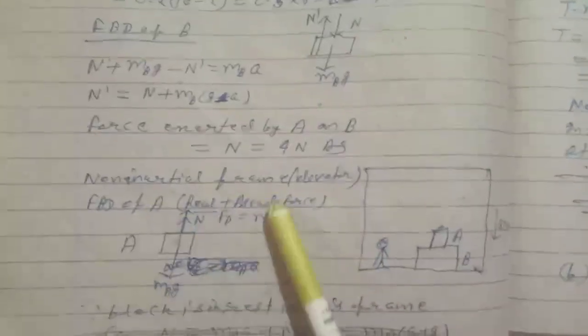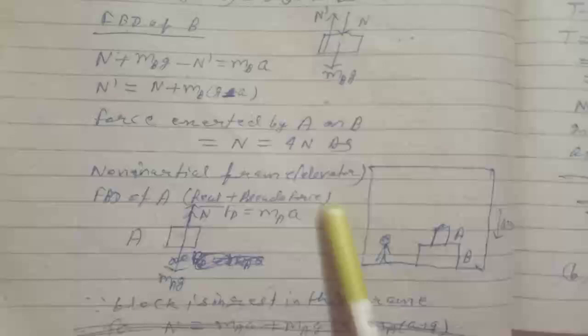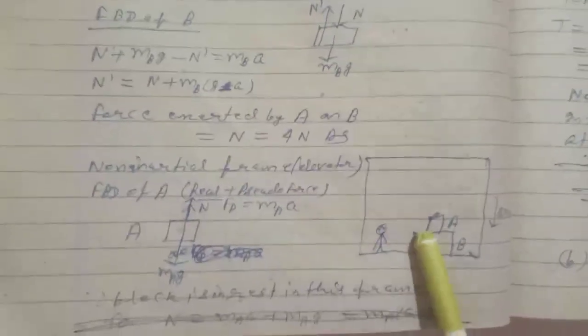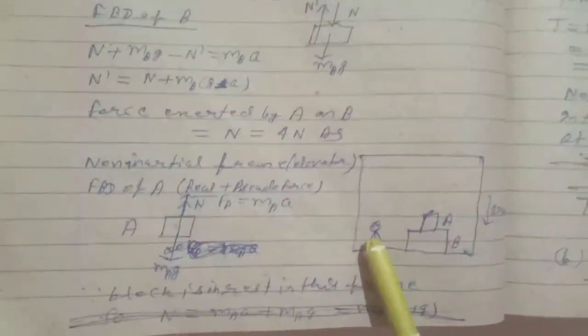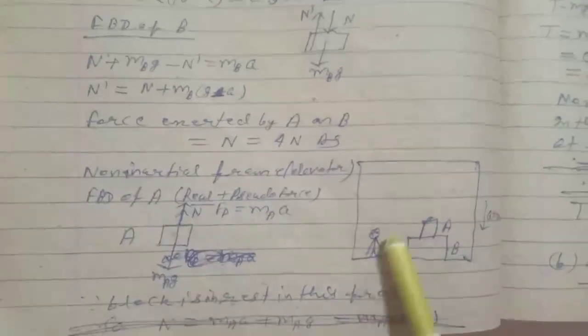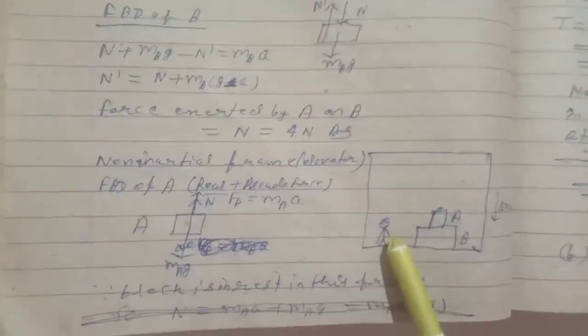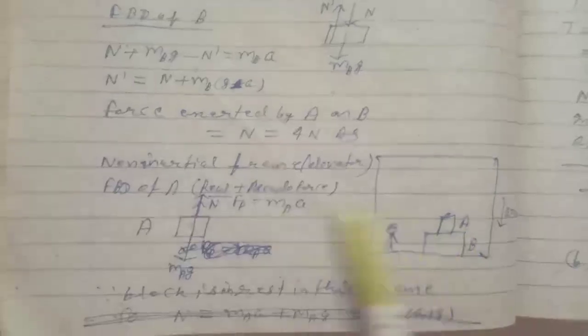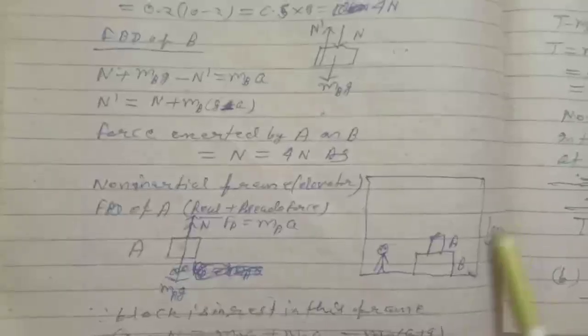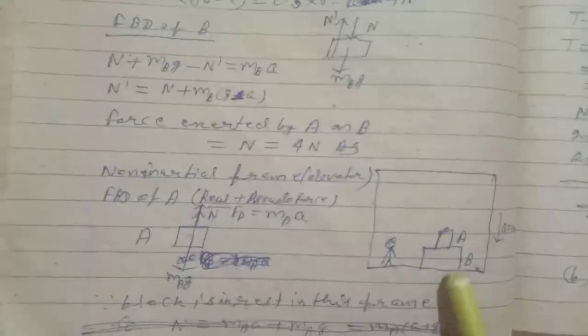From the non-inertial frame, that is from the elevator or lift, with respect to the lift both bodies are at rest and the lift is moving with acceleration in the downward direction. So we have to make this frame inertial.